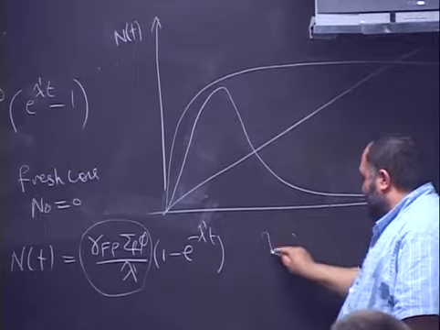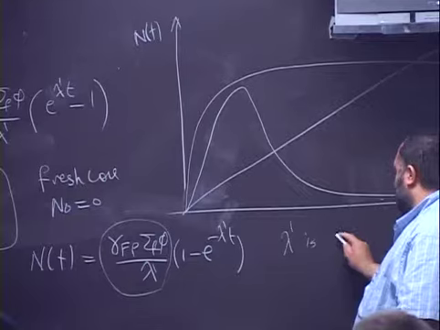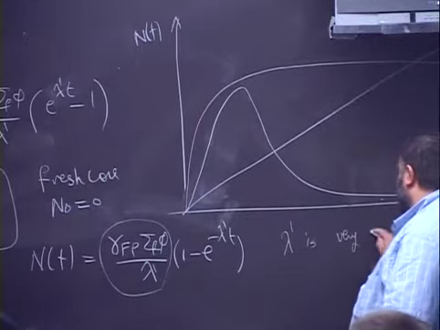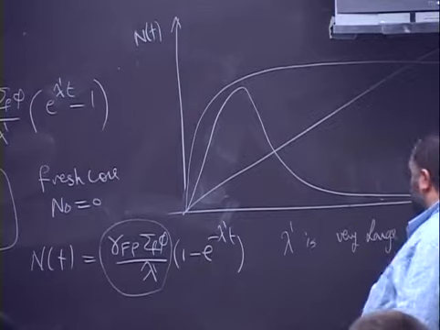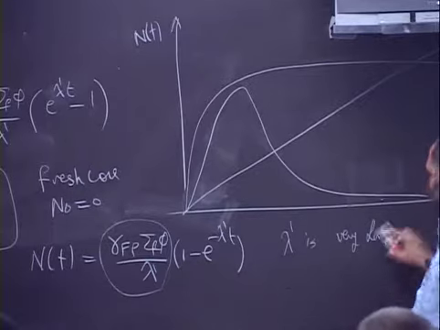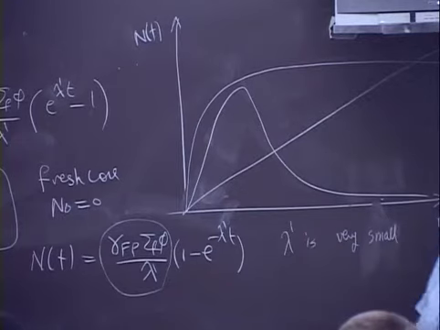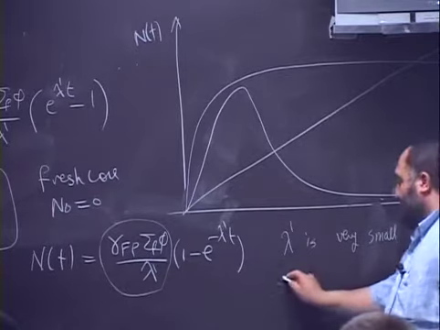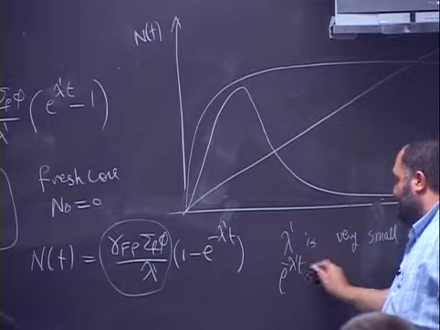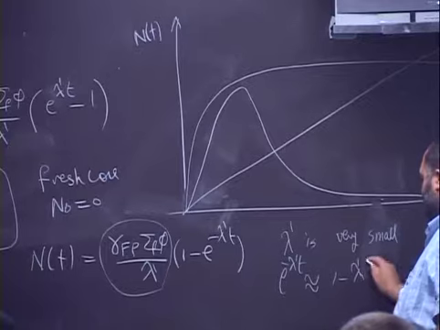But what if lambda prime is very small? If lambda prime is very small, I can expand e to the power of minus lambda prime t to be nearly 1 minus lambda prime t.